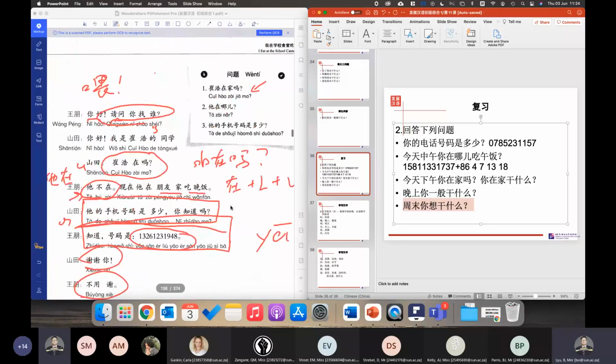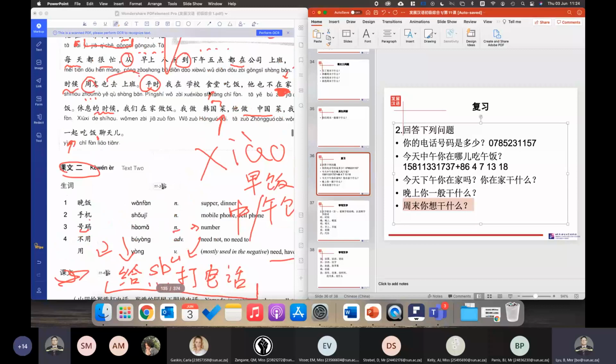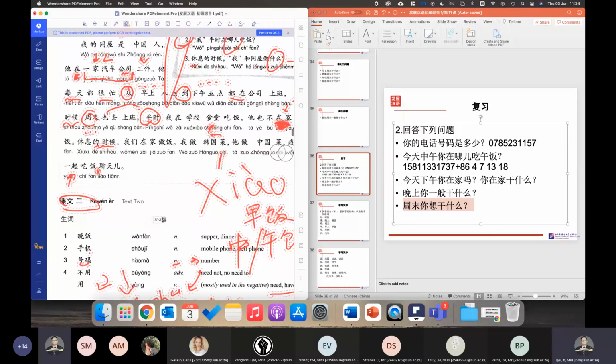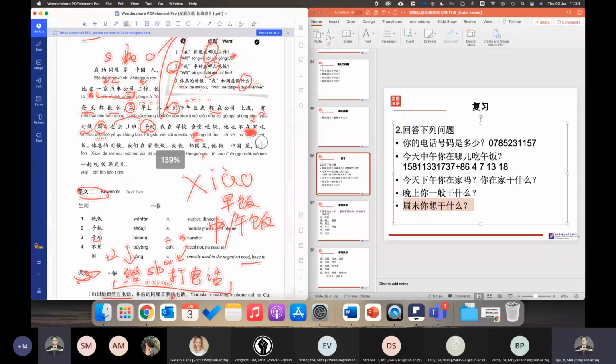But you see here, the very last sentence of text number 1: 我们一起吃饭聊天. There are two things, 吃饭 and 聊天, but there's neither 和 nor punctuation. So I can say my sentence exactly like I did without the 和, and it will be all fine. Okay, cool.